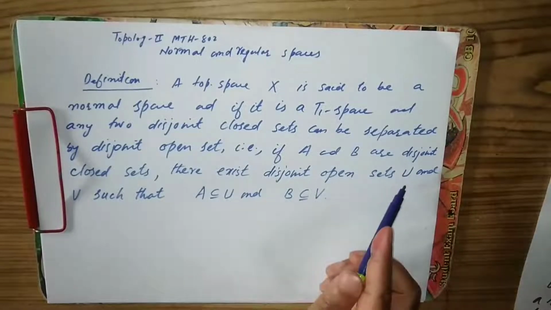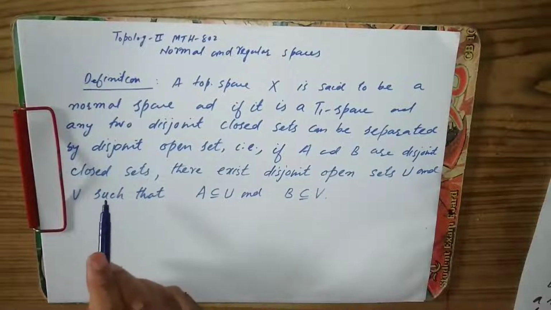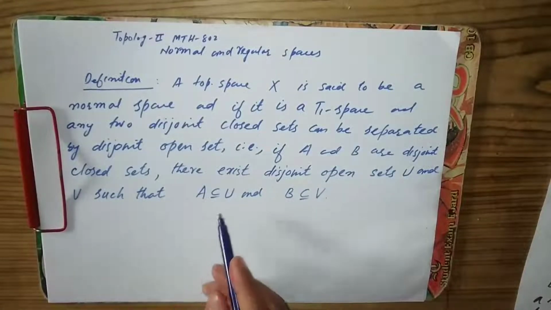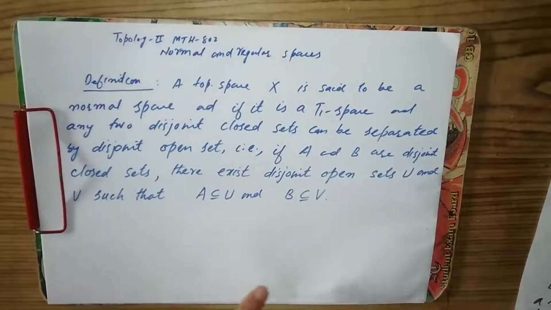That is, if A and B are two disjoint closed sets, then there should exist two disjoint open sets U and V such that A is a subset of U, B is a subset of V.